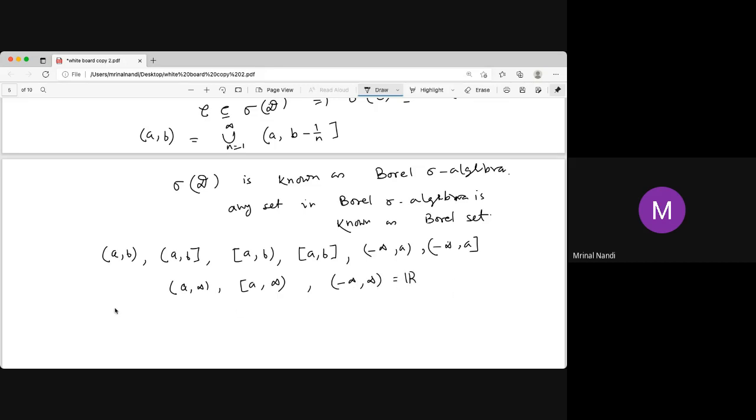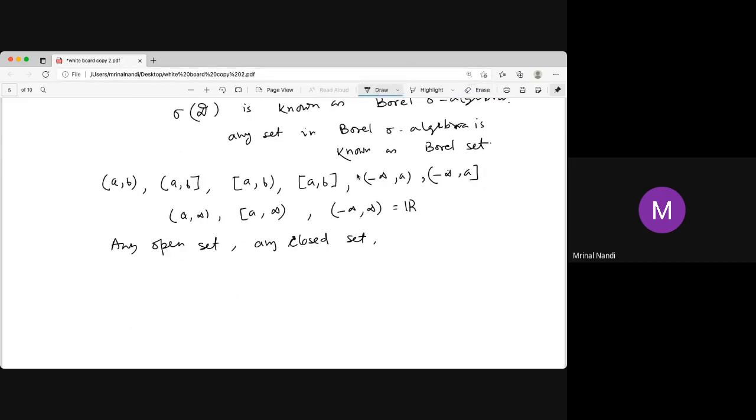Any open set is also Borel, and any closed set, because closed sets are the complements of open sets, is also Borel.